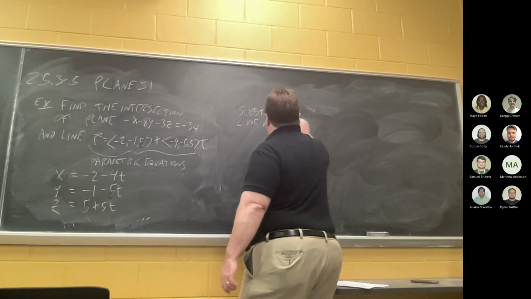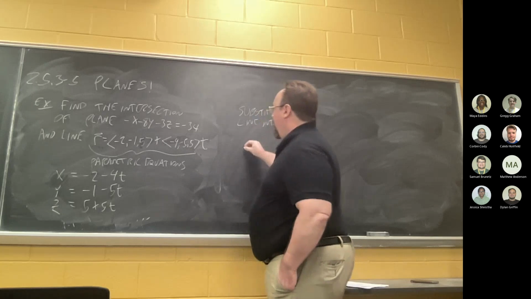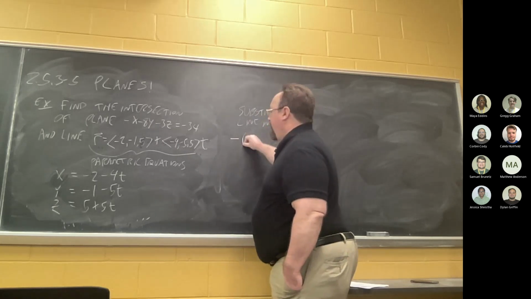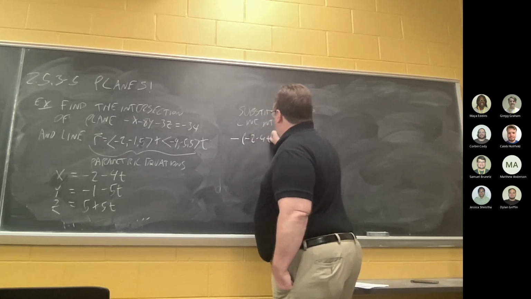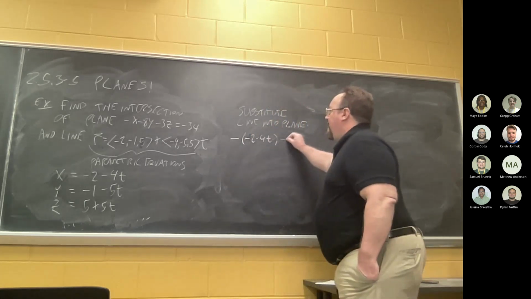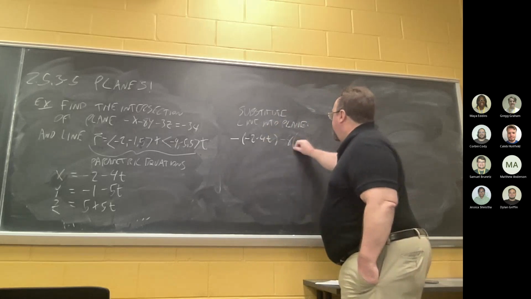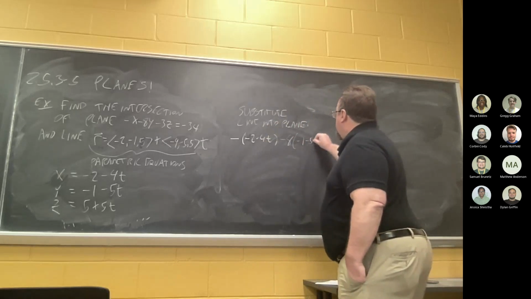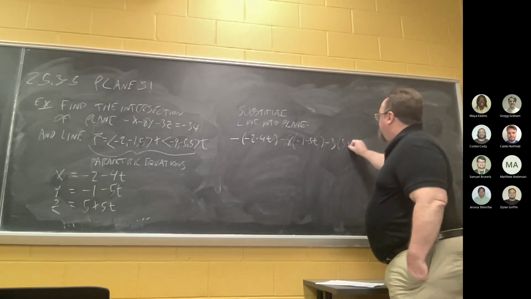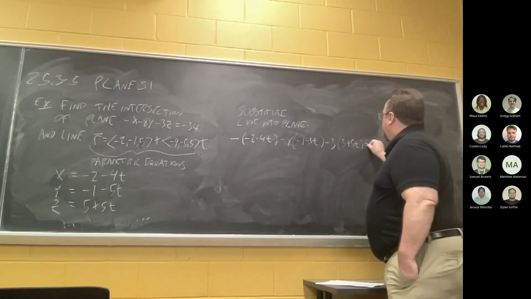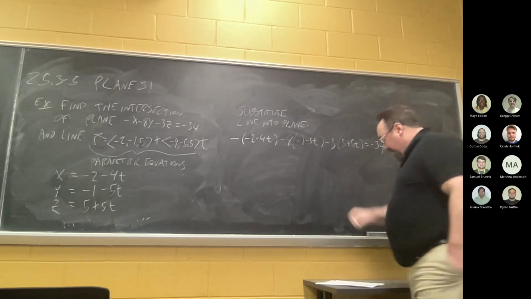Parametric equations for a line into the equation of a plane. So now I have minus x, so it's minus 2 minus 4t, minus 8 times y, which is minus 1 minus 5t, minus 3z, which is 5 plus 5t, and that must equal minus 34.